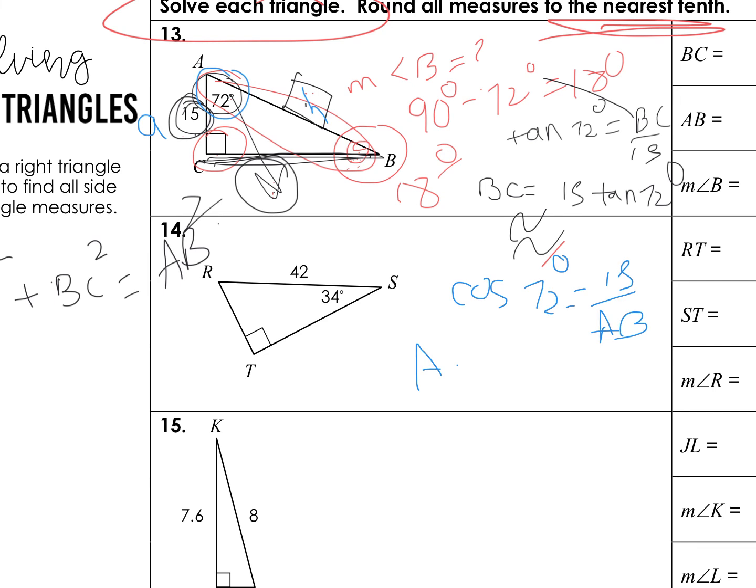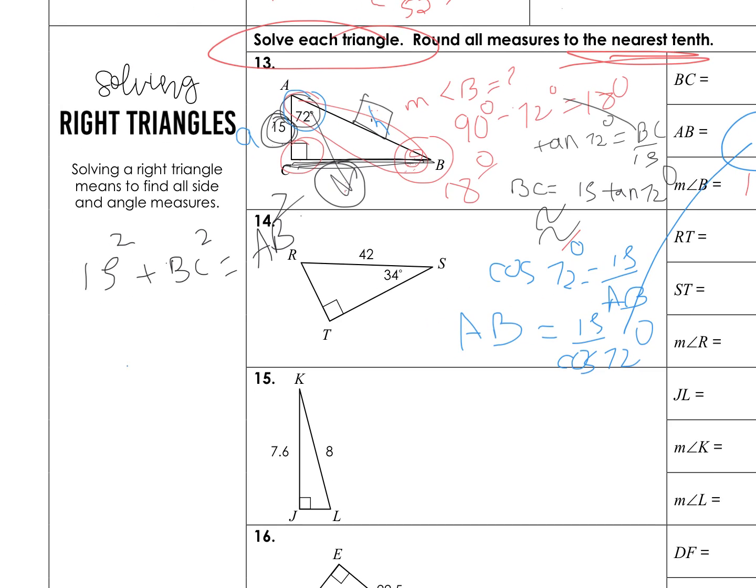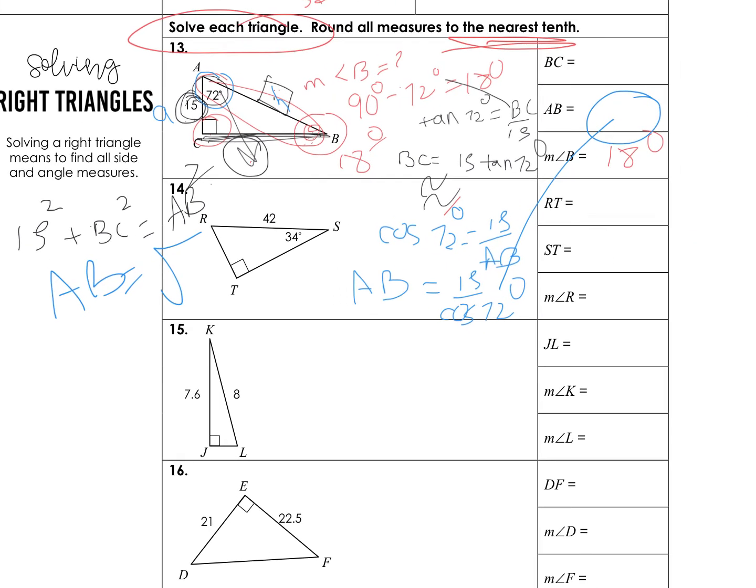Multiply AB to both sides, then divide by the cosine of 72 degrees, so AB is 15 over cosine of 72 degrees. That would be your AB just as well. You got AB from here, you got AB from here once you solve it and take the square root and all that. But I like the trig better. I just think it's cleaner. But you have two choices.